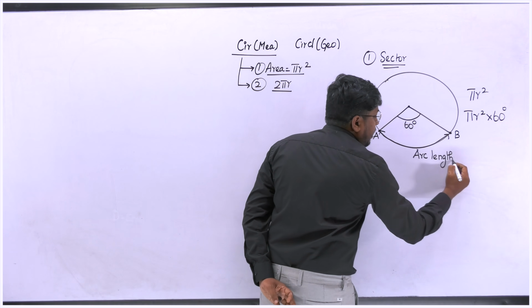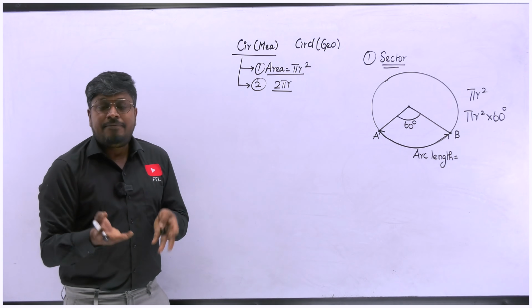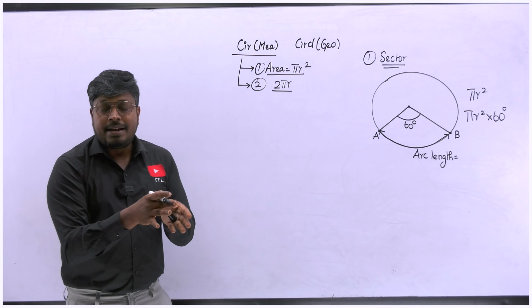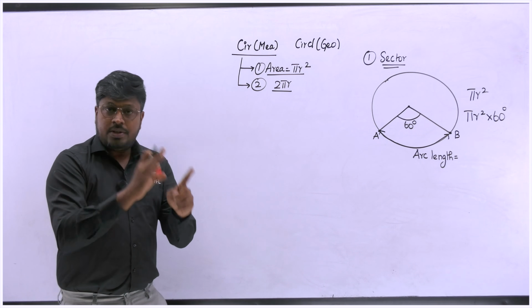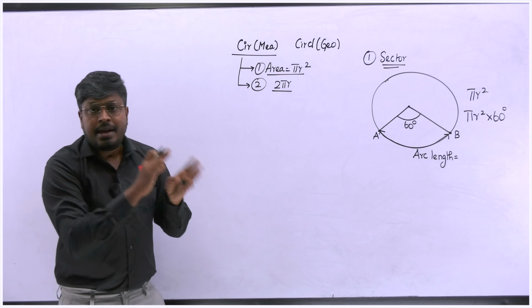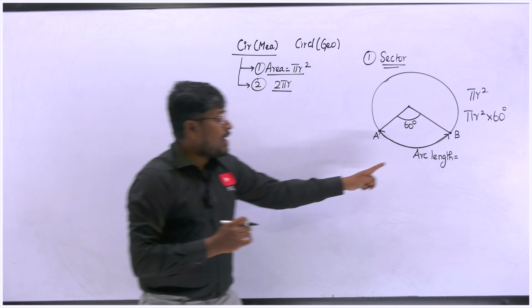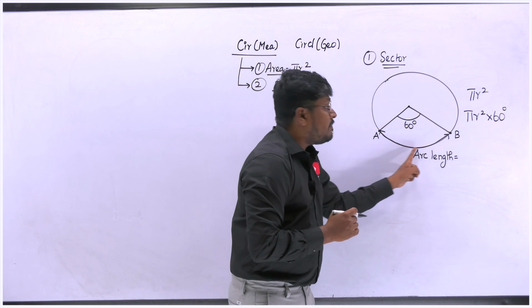In order to find the arc length, again you don't need to learn any new formula. To find the area of that sector part, what we did was 60 degree, for example, whatever angle they have given, into the area. If we need to find the length of the arc, this length lies on the circumference.